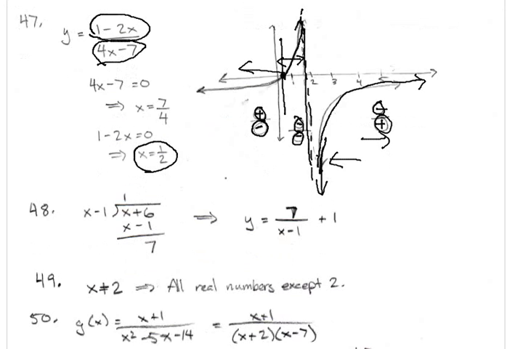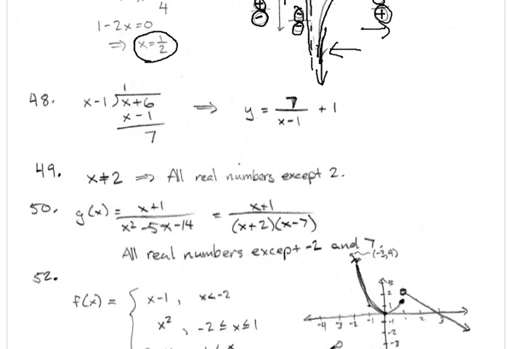In number 48, we have: express the quotient function y equals x plus 6 over x minus 1 in the form y equals a over x minus 1 plus b. So really that's the same thing as what we had seen in the previous problem, number 40, only much easier.